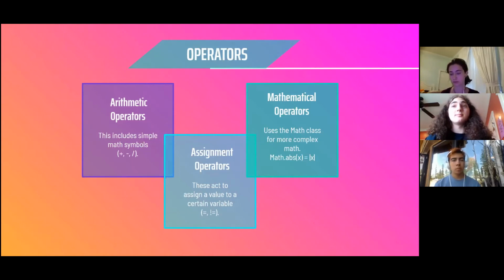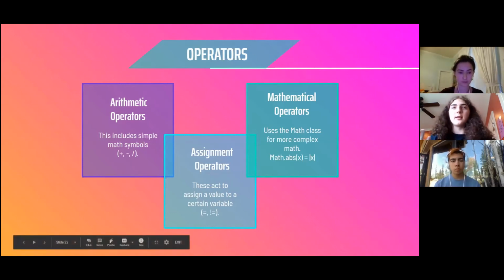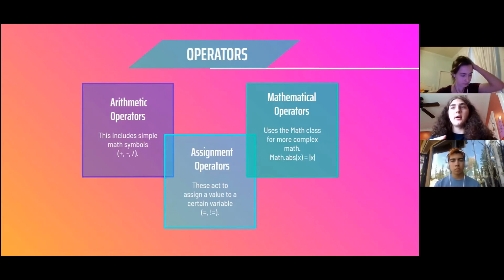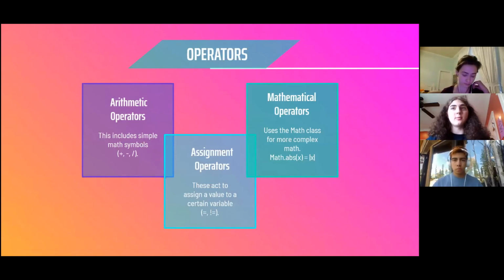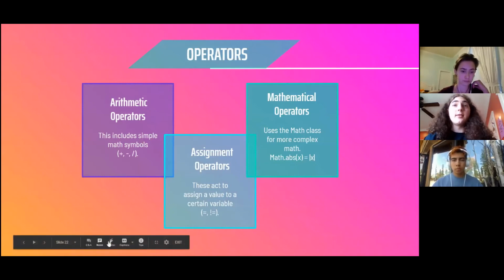So if you think about when you might use a single equal sign to say these two are equal, this equal sign makes that true rather than asking if that's true. And then we have these mathematical operators.